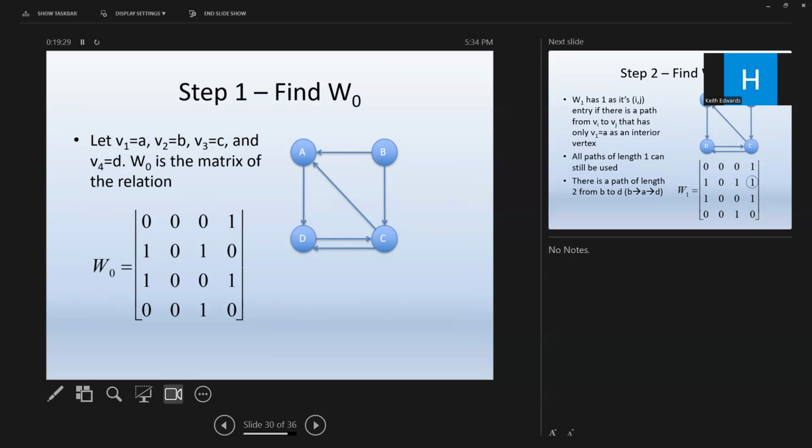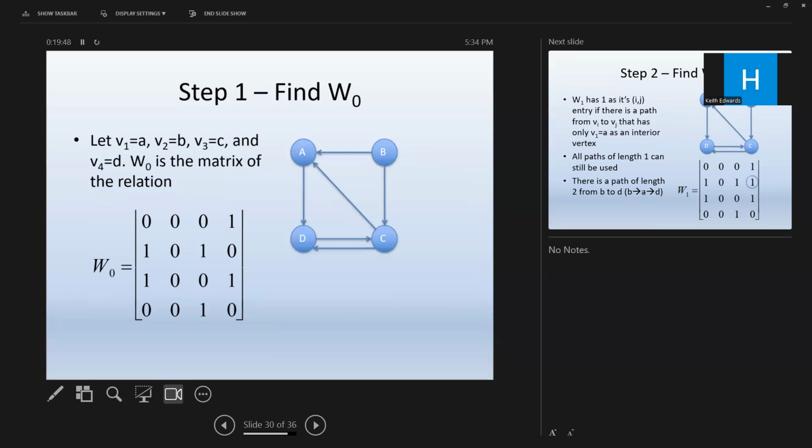We can go from A to D, from B to A, from B to C, from C to A, from C to D, and from D to C.